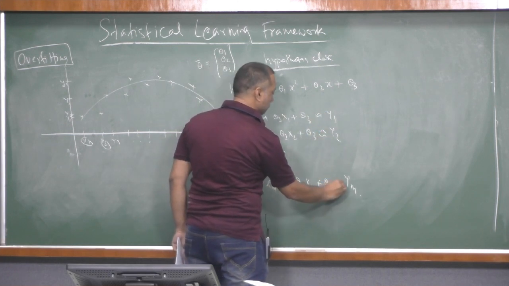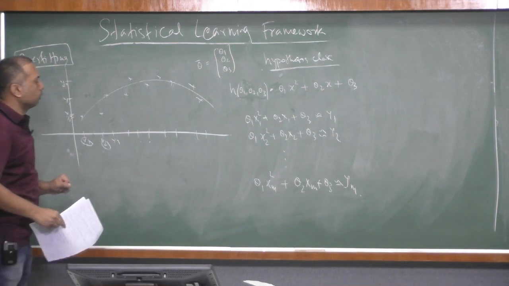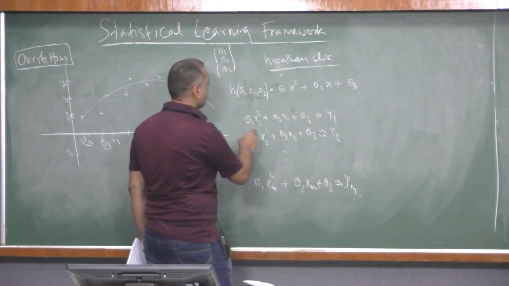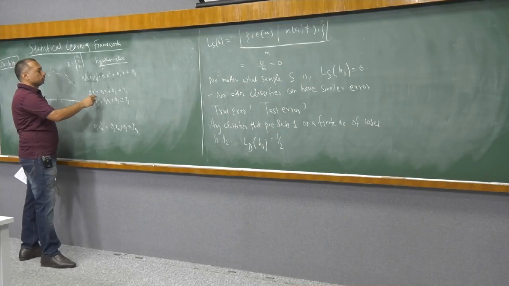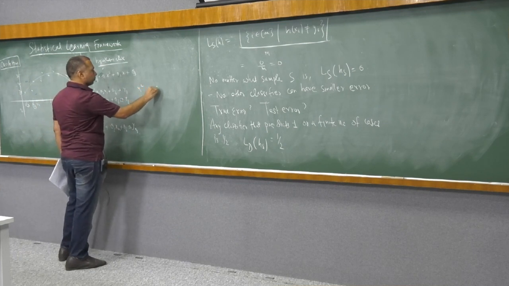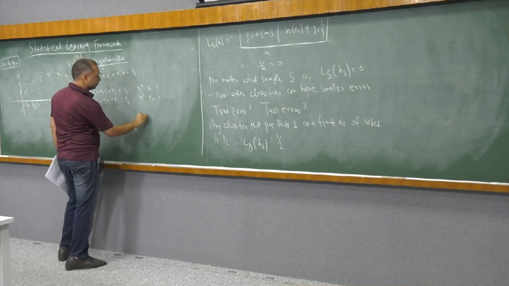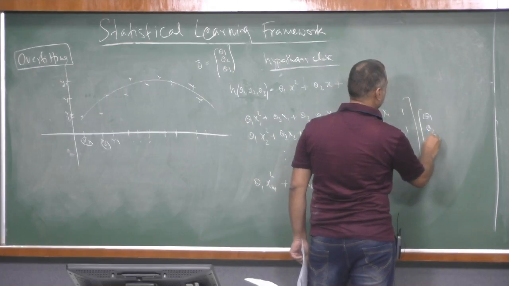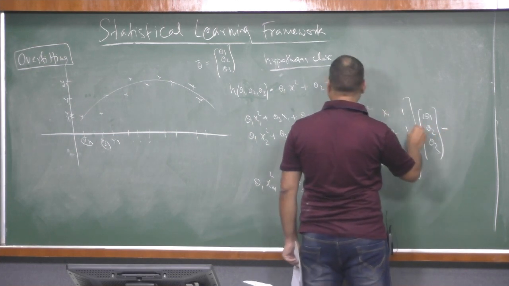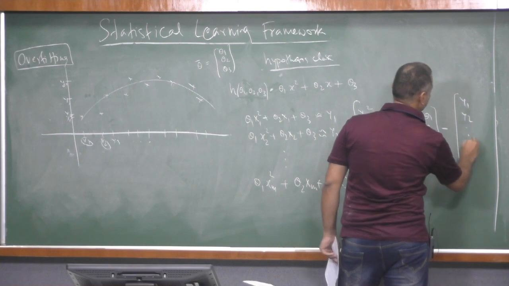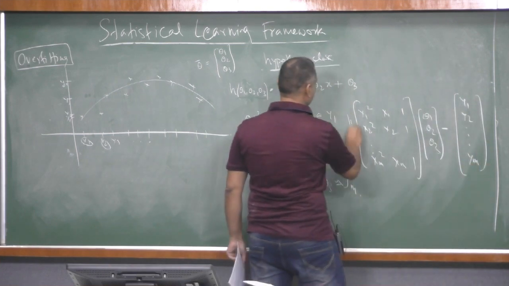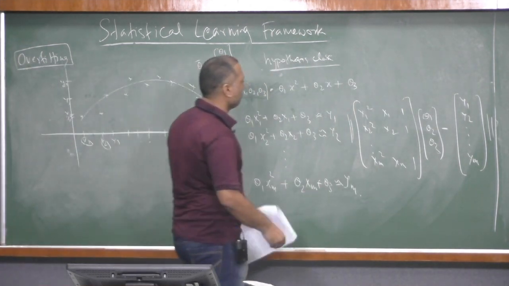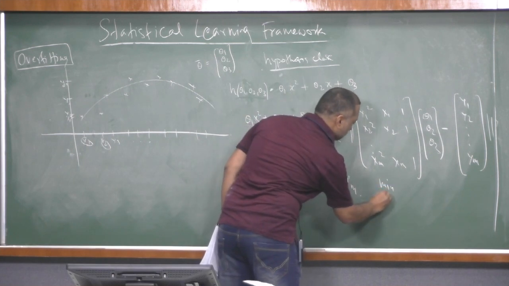Approximately this is what we want our model to predict. The matrix here is like this. So you minimize this. This is an optimization problem, and you minimize over theta, obviously, so minimize over theta 1, theta 2, theta 3.